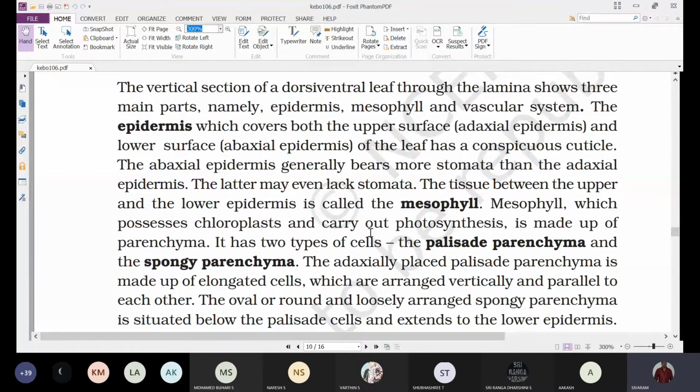When you observe the mesophyll, which possesses chloroplast and carries out photosynthesis, it is made up of parenchyma. The mesophyll usually consists of parenchymatous cells, and these parenchymatous cells contain chloroplast and perform photosynthesis.